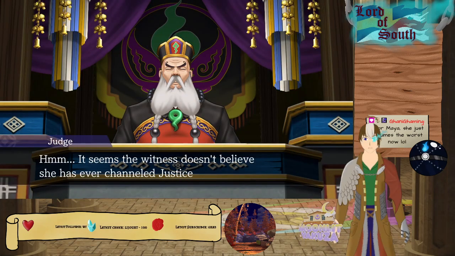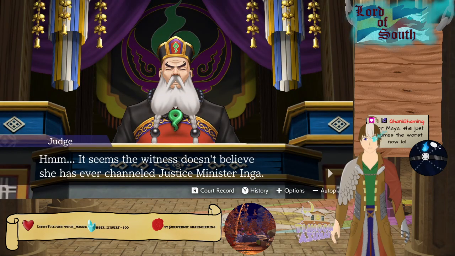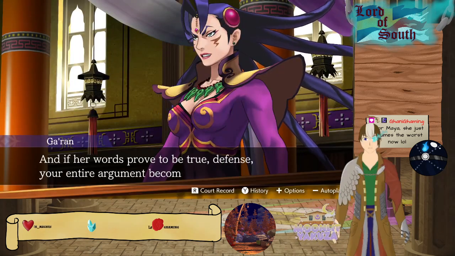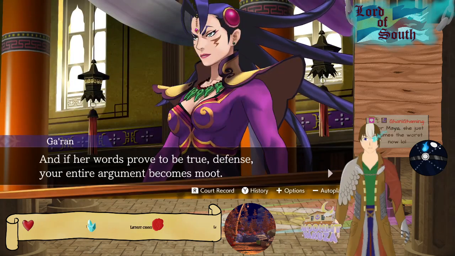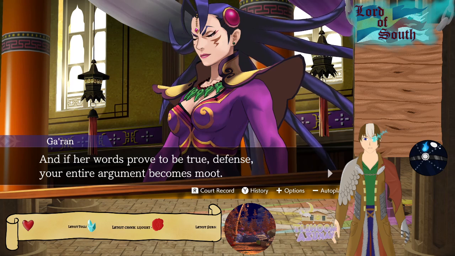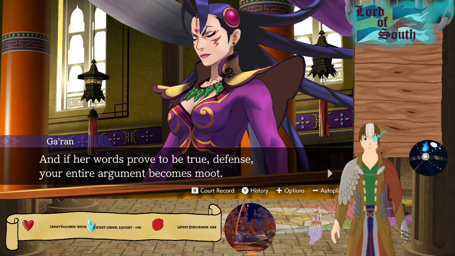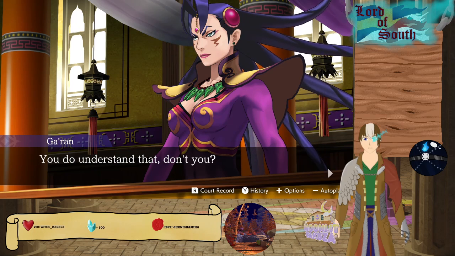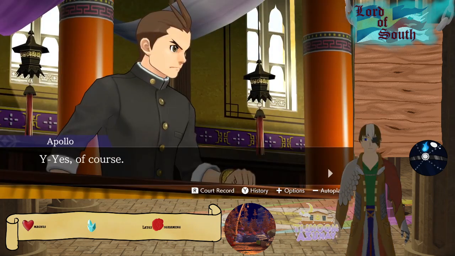It seems the witness doesn't believe she has ever channeled Justice Minister Inga. And if her words are proven to be true, defense, your entire argument becomes moot. You do understand that, don't you?